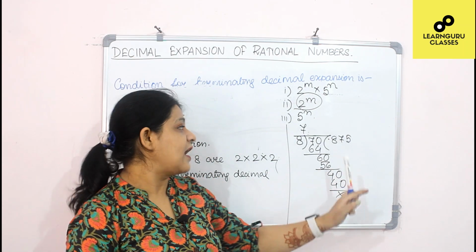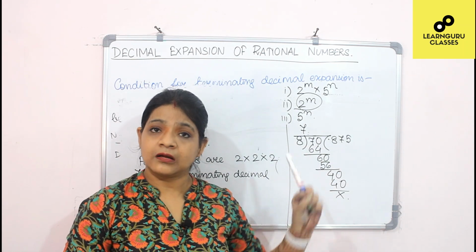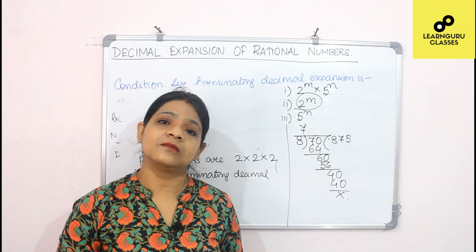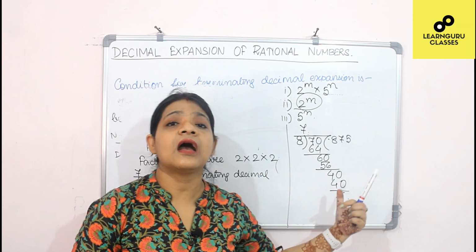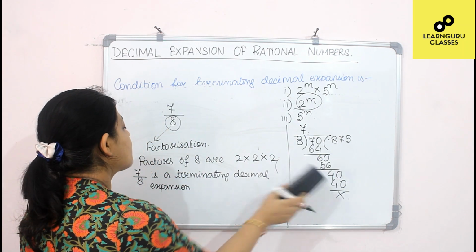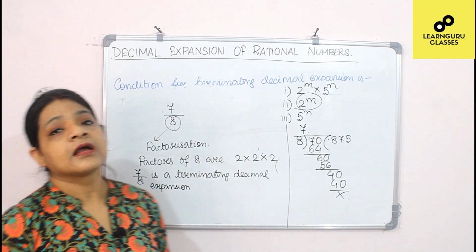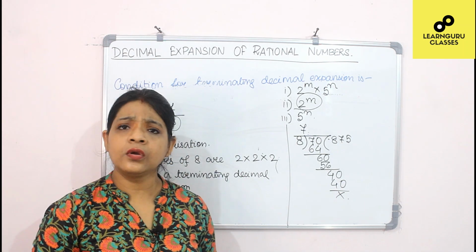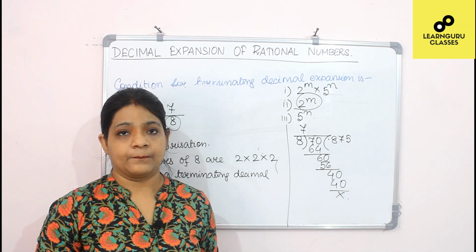So we can say that 7 by 8 is a terminating decimal expansion. So this is just a cross verification of this condition. I think it is clear to you. Again, let me take another example.